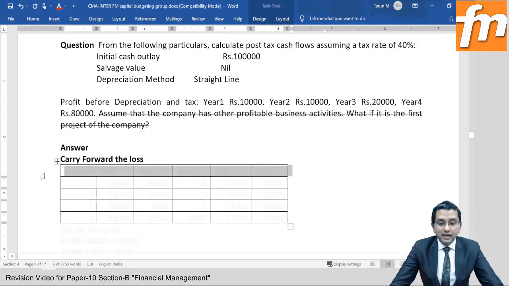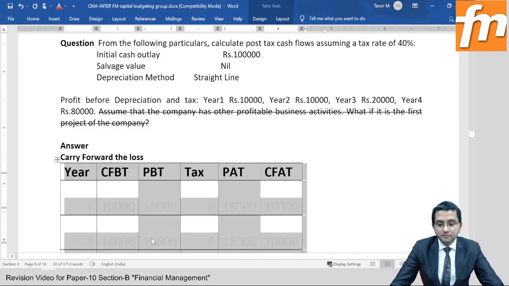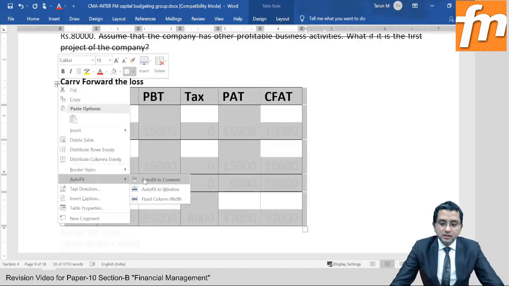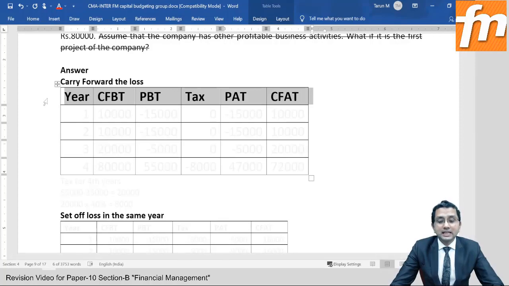So again, I'll create a table with these headers. Okay, wait a minute. So what do I do now? I'll say, okay, my first column is for year. Then this is cash flow before tax, CFBT. I have skipped the column of depreciation because depreciation is the same each year.